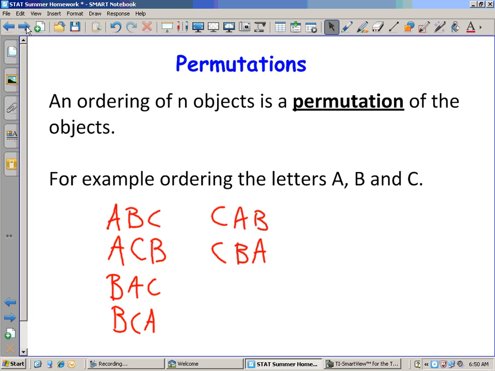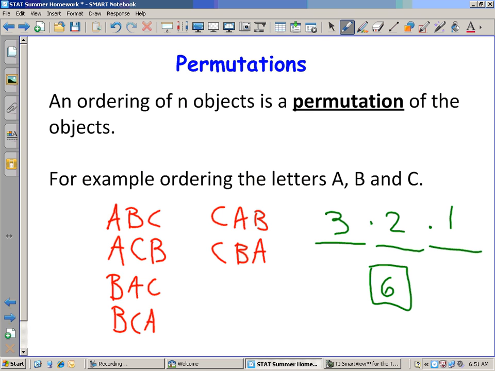The way I think about it is that we have three choices for our first letter. My first letter can be either A, B, or C. Once I use one of them, I only have two left. And once I choose the second letter, I only have one left, so it has to be the last letter. So it's 3 times 2 times 1, or 6 different ways of ordering the letters A, B, and C, or ordering any three objects.